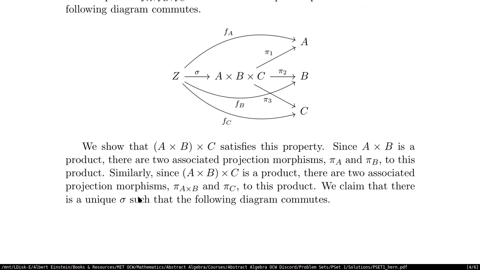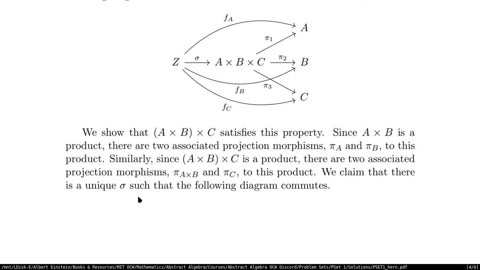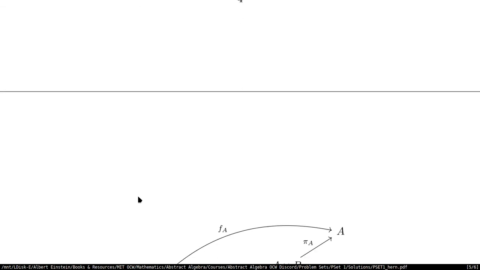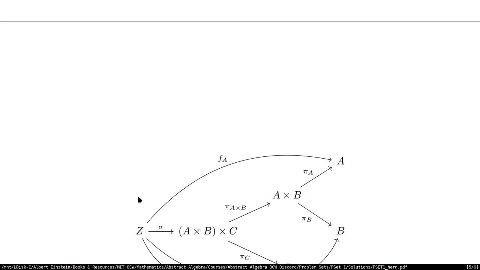One goes to A cross B, and one goes to C, right? So you will have to show that there is a unique sigma that goes from Z to this product, and the diagram commutes. Then if you can show that, you'll be done.